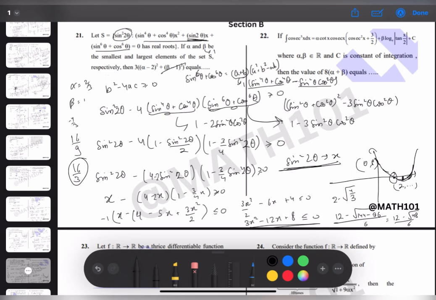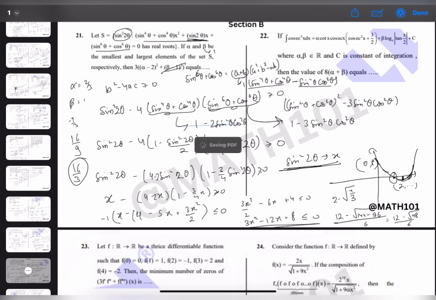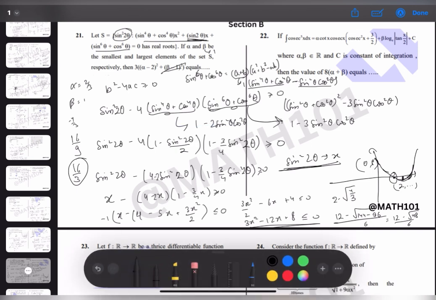So beta is equals to 1, so beta minus 1 square is still 0. Alpha minus 2 is root 4 by 3, minus root 4 by 3, its square is 4 by 3. So the answer is, so basically alpha is equals to 2 minus root 4 by 3, and hence answer is 4.